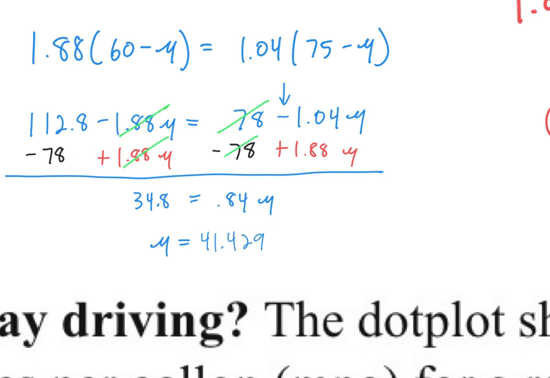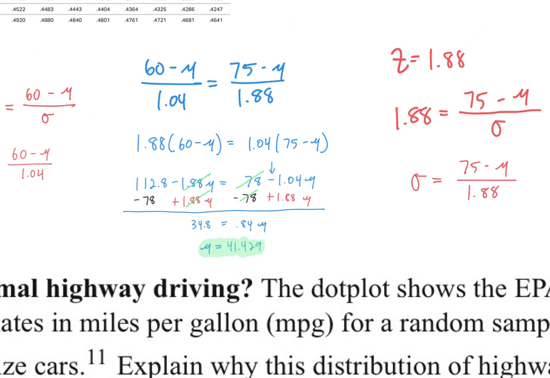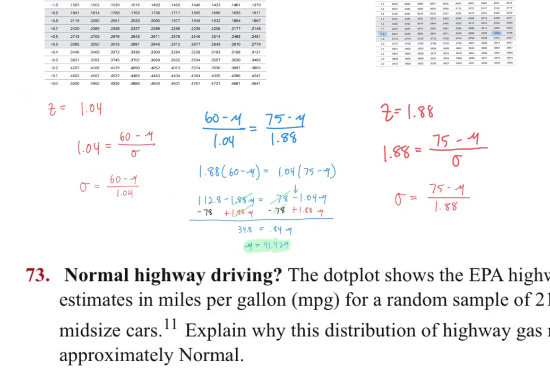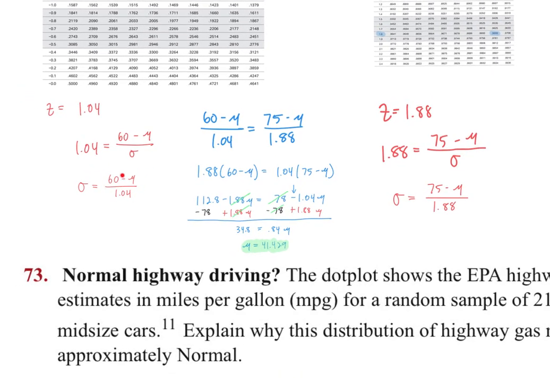Okay, sorry about that. All right, and then to find the standard deviation, we plug it back into either one of these that are solved for the standard deviation. So I'll just plug it back in here.